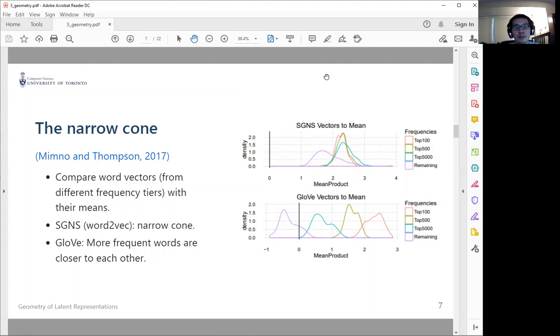And GloVe is very different, in that the more frequent words are closer to each other, because they have very, very high mean products for the high frequency words, and there are different peaks corresponding to different frequency tiers.